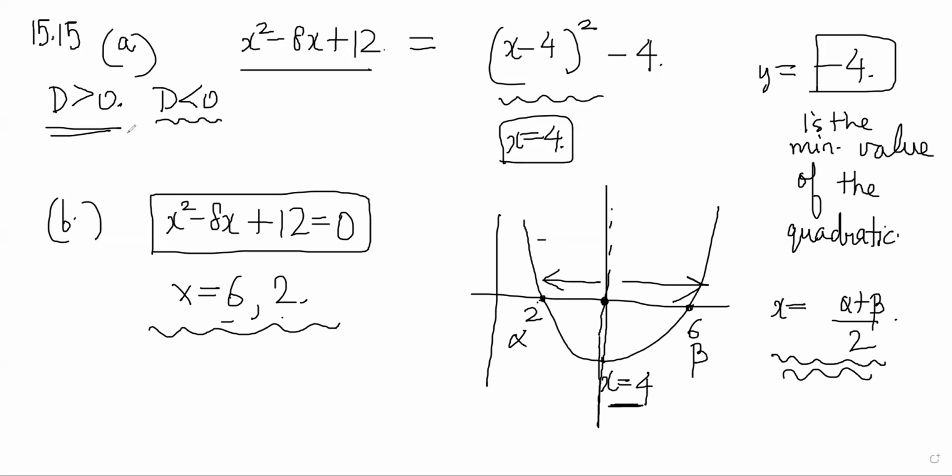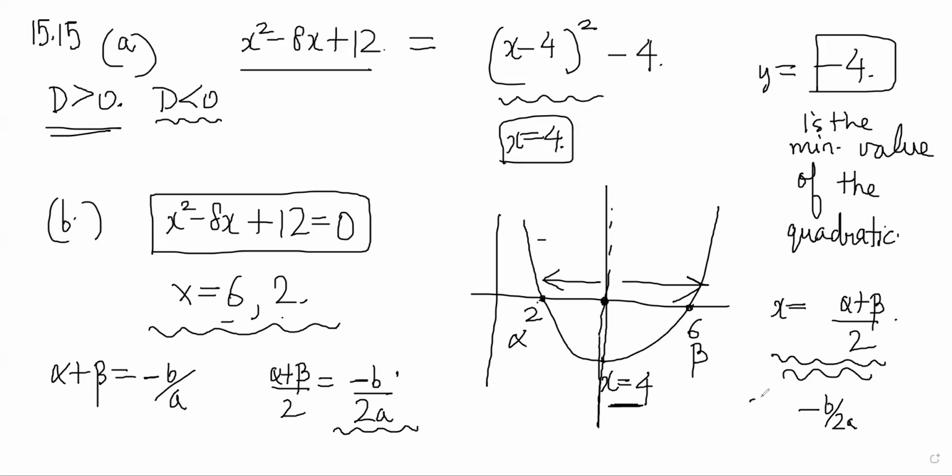Do you understand what I'm saying? Yeah. And by Vieta's relations, we know alpha plus beta is minus b by a, right? Yes. What is alpha plus beta by 2, right? Minus b by 2a. Yeah. So the vertex will be at minus b by 2a, right? Mm-hmm.